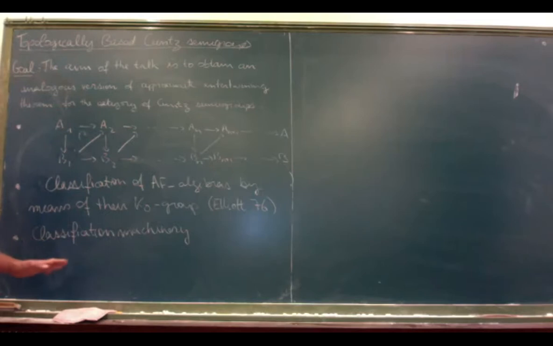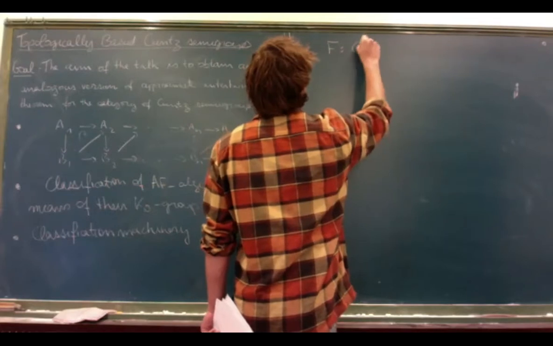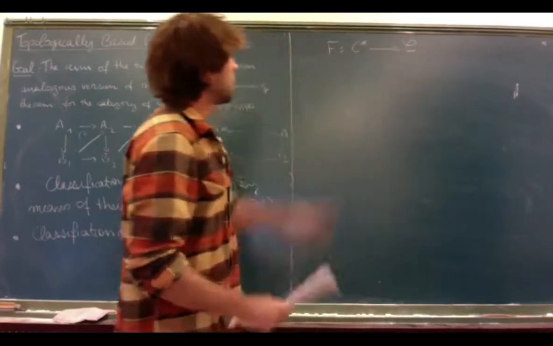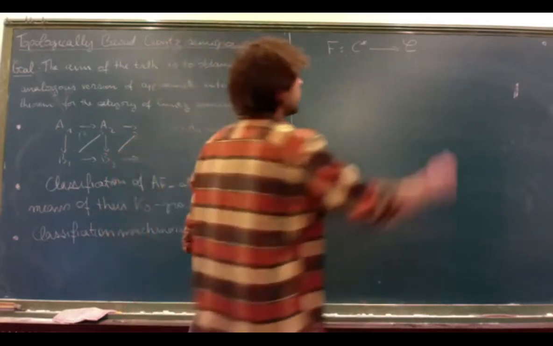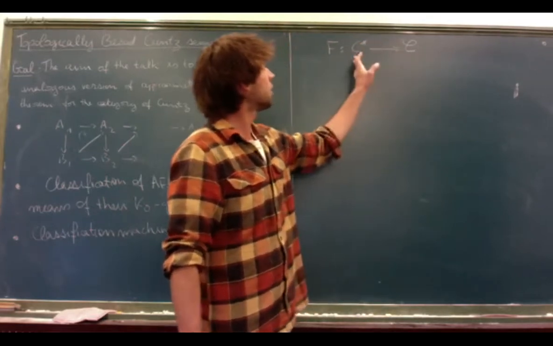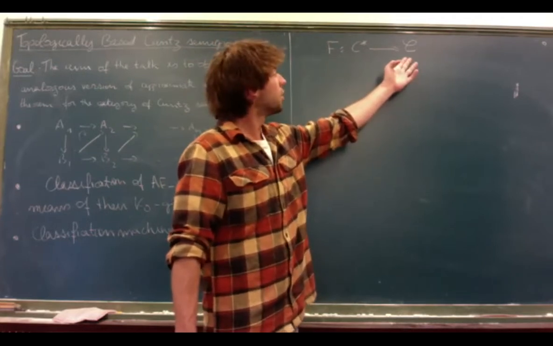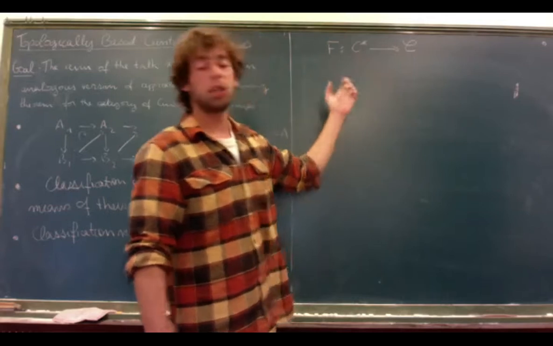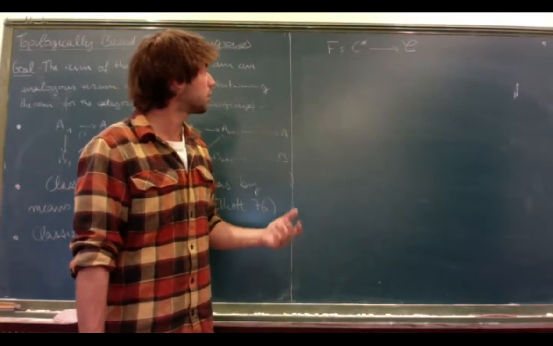The approximate intertwining also plays a key role in what I will call classification machinery. This is a technique that has been widely used to obtain theorems of classification of C-star algebras. So the point is to find a functor F from the C-star category into an abstract category that will classify star homomorphisms up to a certain equivalence, meaning that for any morphism of the codomain category, we can find a lift, a star homomorphism such that F of the star homomorphism will give you the morphism in the abstract category, and this lift is unique up to a certain equivalence relation, which is the approximate unitary equivalence relation.